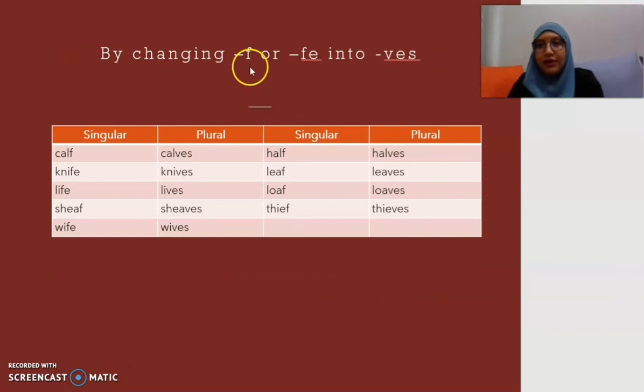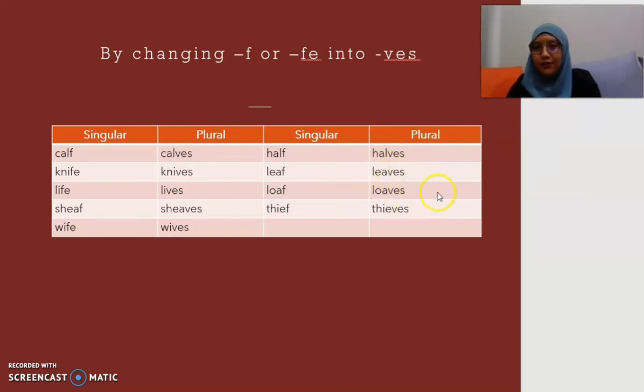Some nouns end with F or FE. You change to VES. Completely change it to VES for the ending to turn it into plural. Calf becomes calves. Knife becomes knives. Life, lives. Sheaf, sheaves. Wife, wives. Half, halves. Leaf, leaves.